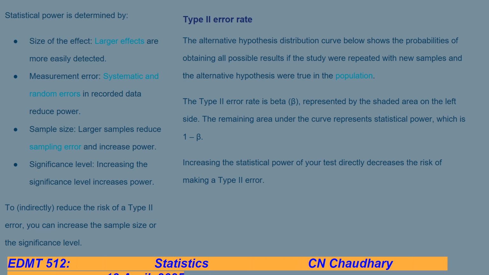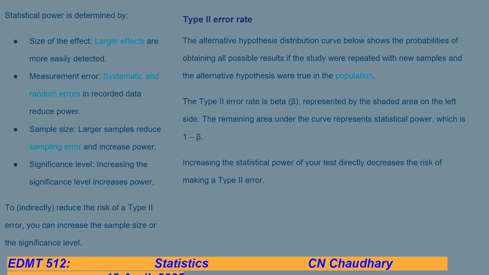The type 2 error rate is beta, represented by the shaded area on the left side. The remaining area under the curve represents statistical power, which is 1 minus beta. Increasing the statistical power of our test directly decreases the risk of making a type 2 error.